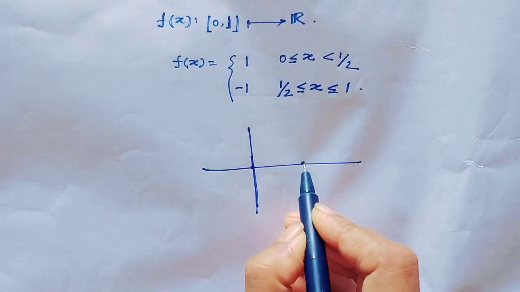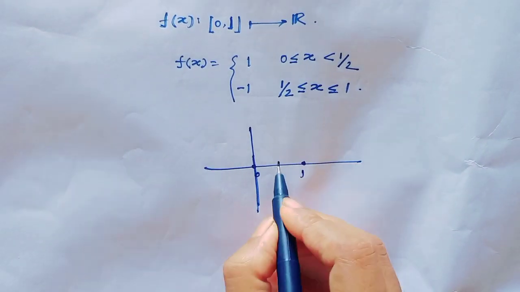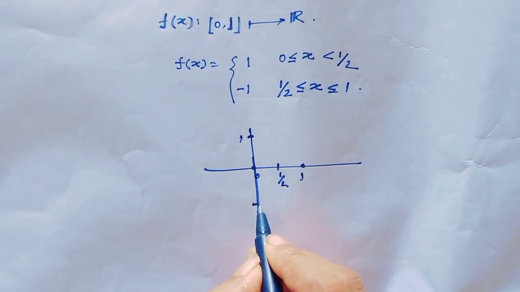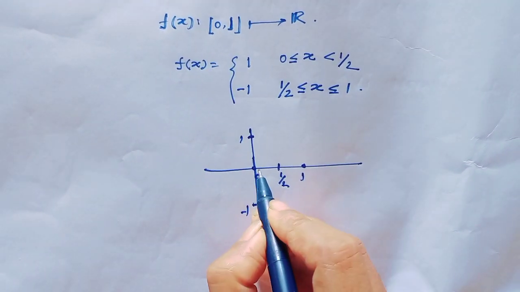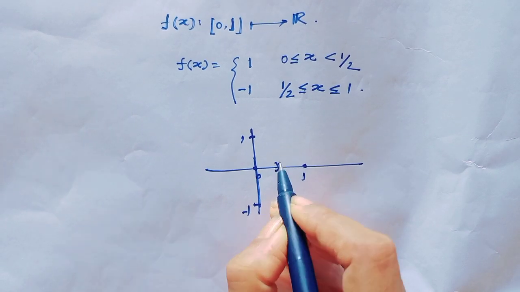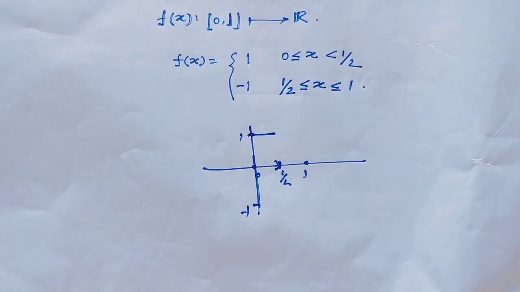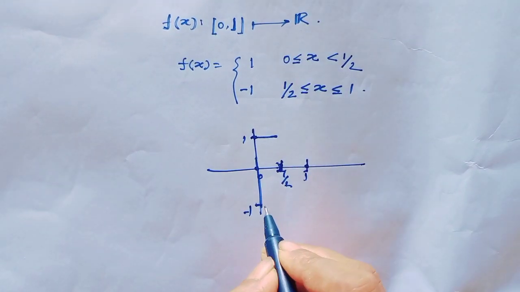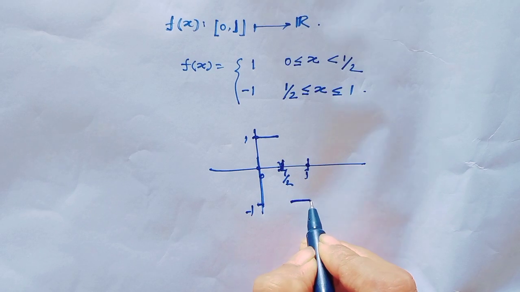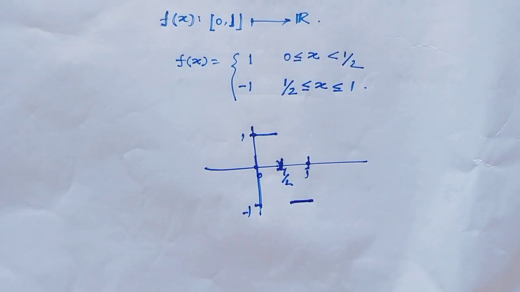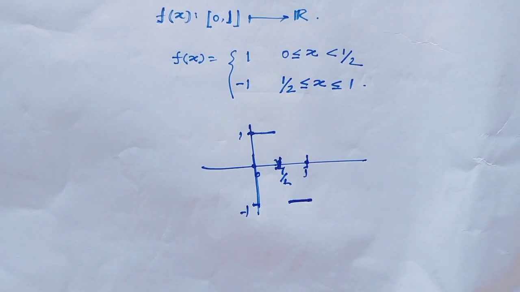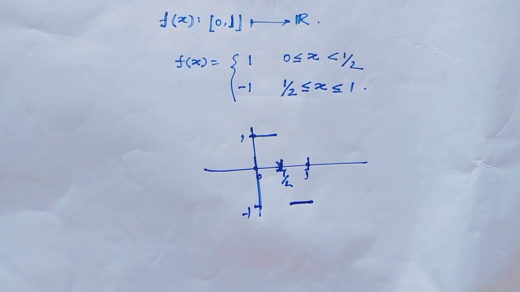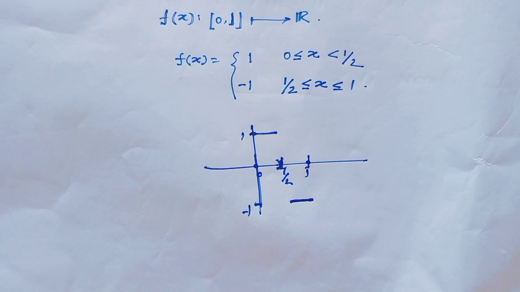Here the interval 0 to 1, and here the point half. Here 1 and here minus 1. On 0 to open half the value is 1, and from half to closed 1 the value is minus 1. In this graph there exists no point such that f(x) is 0, and this is possible.